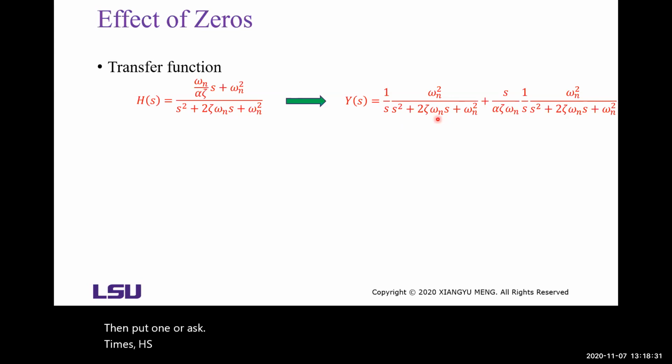Same as before, let's write the output as two parts. The first part is the step response of a standard second order system. The second part is the scaled time derivative of the original response.